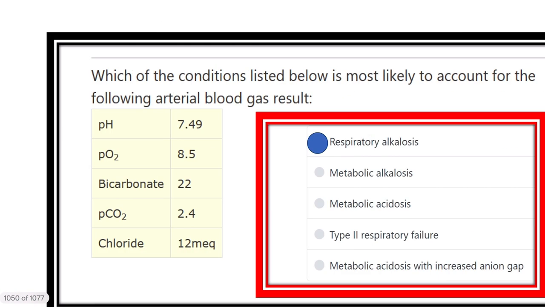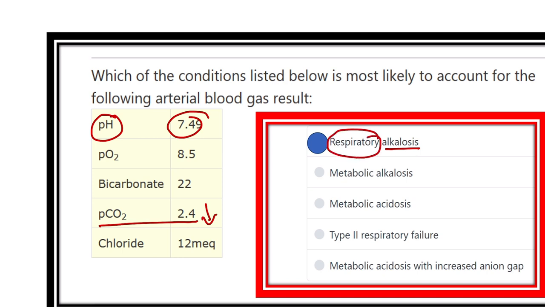So the answer is ready: the pH is 7.49, that means it is alkalosis, and the partial pressure of carbon dioxide is reduced, that means it is the respiratory cause. There is another way to find out whether it is respiratory or metabolic. We can see the partial pressure of oxygen. When it is less than 10, in this condition, this will be respiratory.